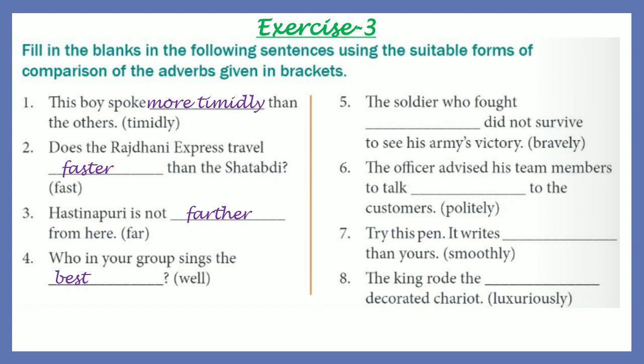The soldier who fought dash did not survive to see his army's victory. Bravely is the word given. Now we are talking about one particular soldier only. So the soldier who fought more bravely did not survive. Clear? More bravely.